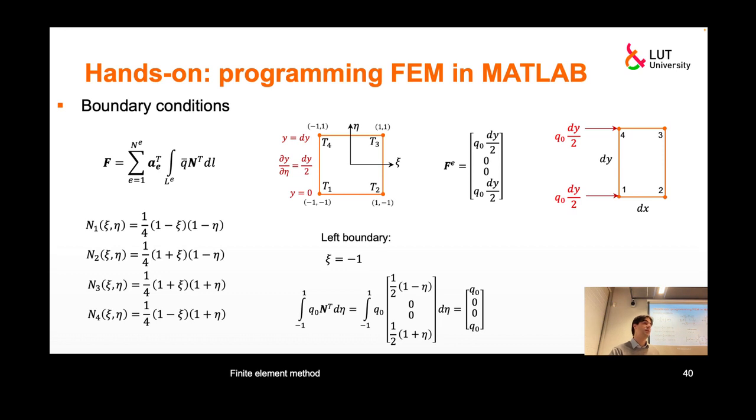And it's actually also a correct way to think how to compose this vector. It's not universal because if you used the quadratic approximation, you would have an additional node somewhere in between here. It's usually in the middle. And then it's not that obvious how to distribute this total heat flux between 3 nodes, considering that they are not equal in terms of how they come into our interpolation.